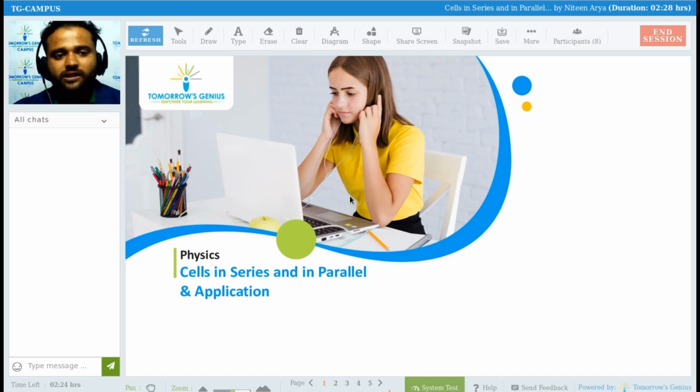So this is one configuration which really helps us in finding a complex resistance combination. Second, this kind of arrangement is used in the meter bridge.